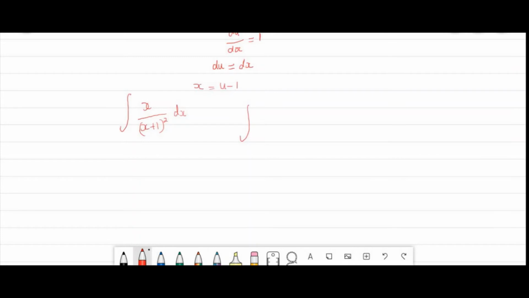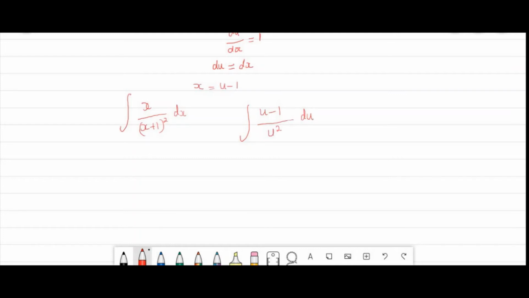Where I see x, I'll put u minus 1, over where I see x plus 1, I'll put u, so I'll have u squared. Where I have dx, I'll put du, because now I'm integrating using u.